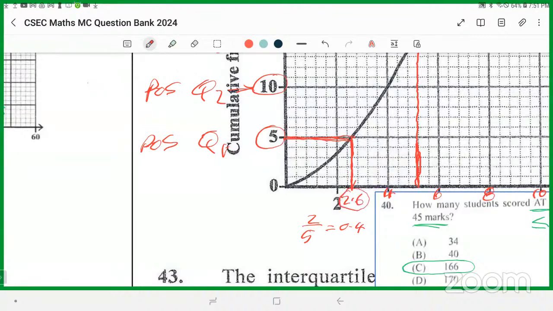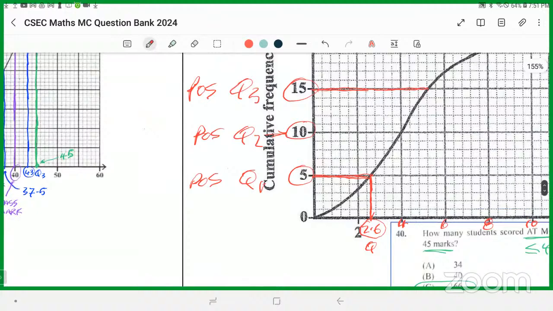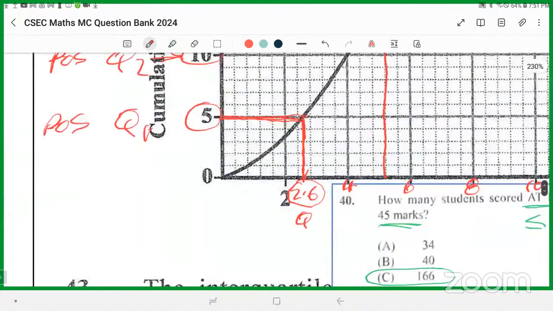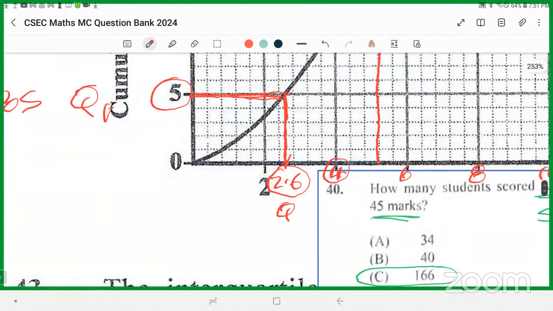That is Q1. All right. And then over here now, let me draw this line down here. So we're on this line, right? Remember, each line is 0.4. So this is 4, 4.4, 4.8, 5.2.